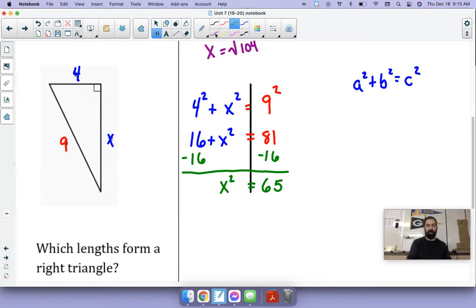Our last step to get the x by itself is to get rid of that square, so we take a square root. Again, 65 is not a perfect square. If it was 64, it would be, but it's not. So x is going to equal the square root of 65. And you're all done.